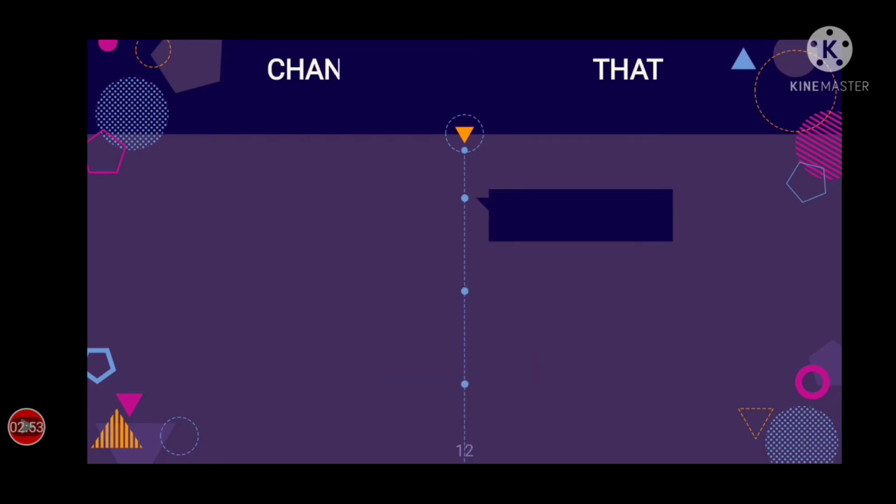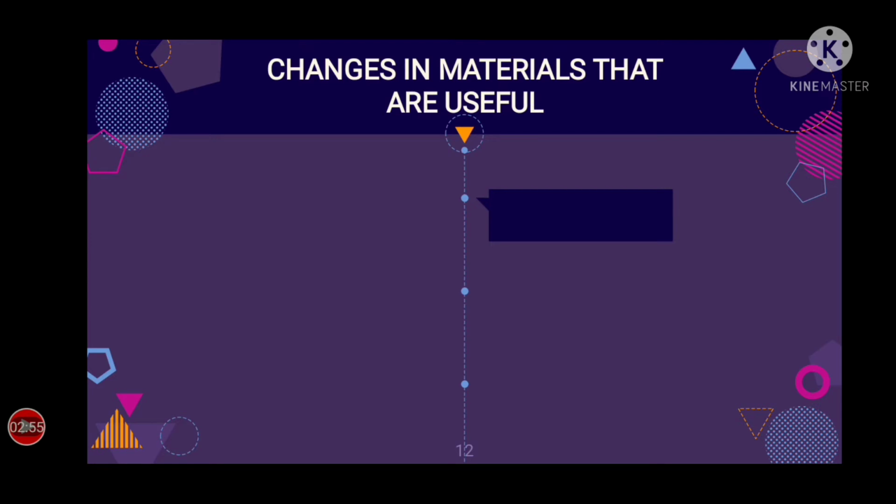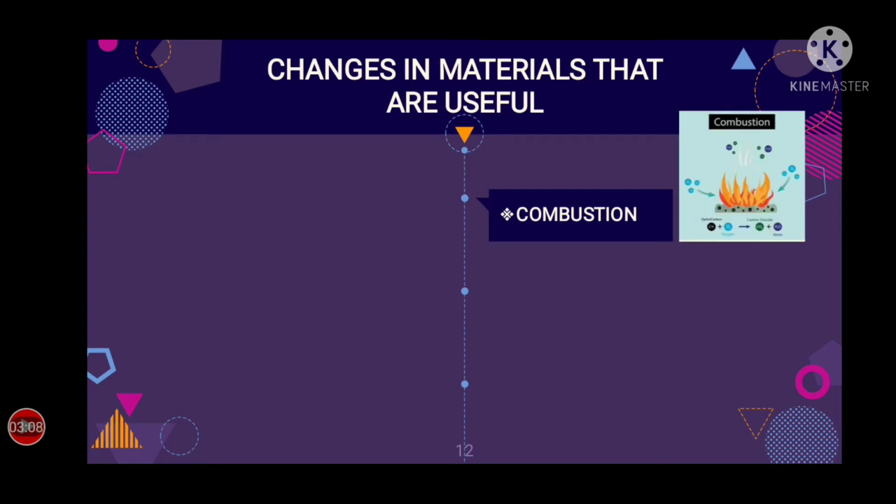Here are the changes in materials that are useful. So, what are some examples of materials that changed but are still useful? First is combustion. Combustion, the one with fire, it just goes back and forth. There is carbon dioxide and hydrocarbon.